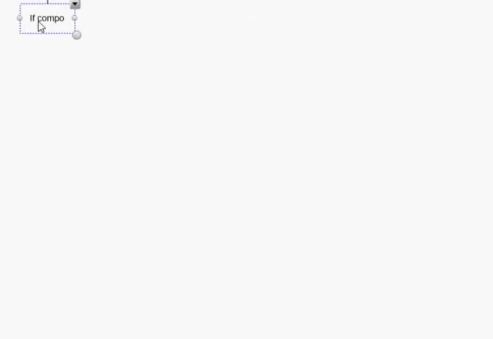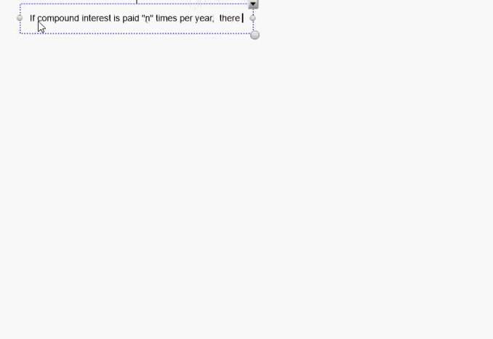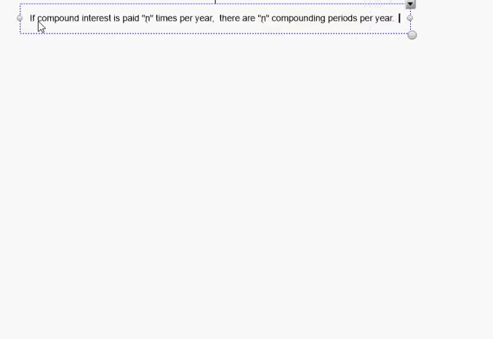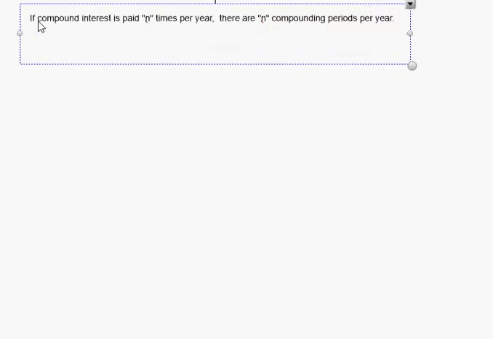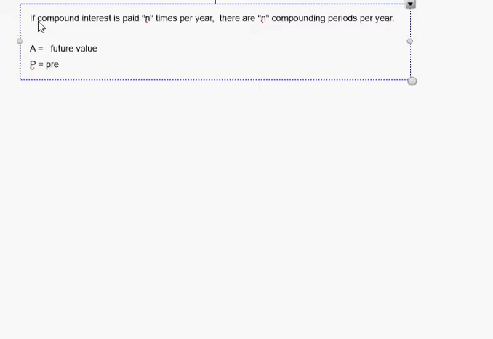If compound interest is paid n times per year, there are n compounding periods per year. A again is future value. P is present value.